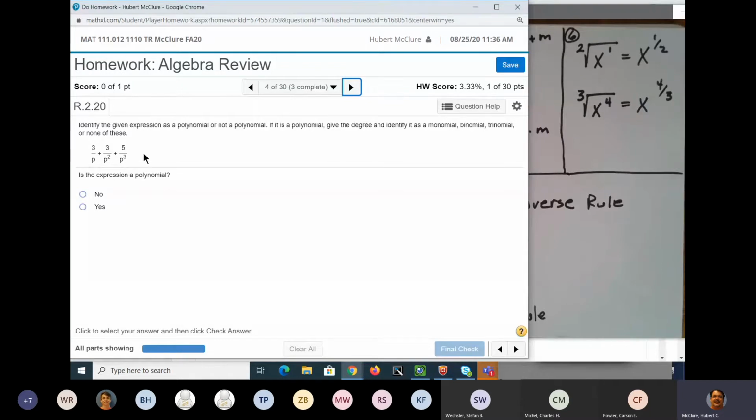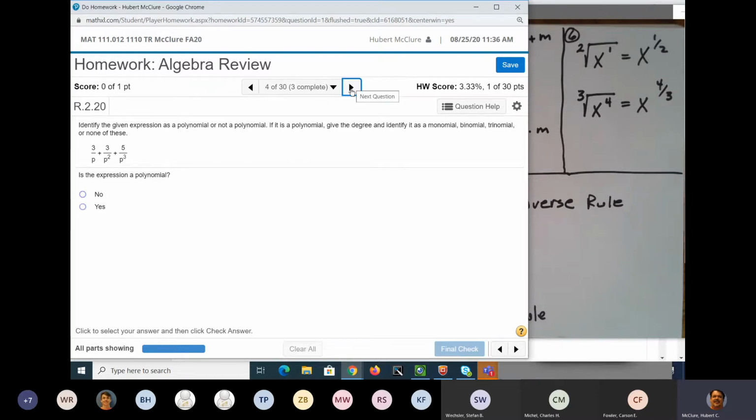If you had a p to the fourth, that would be to the fourth degree. It's a trinomial because you got three, and so it is a polynomial. Polynomial is kind of an umbrella for binomial, trinomial, monomial. Again, that is not detrimental to you passing trig, so we're going to move on.